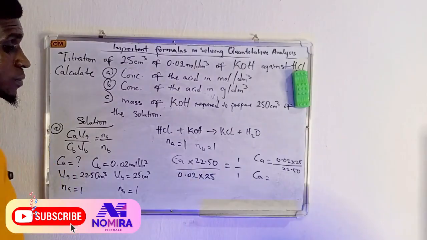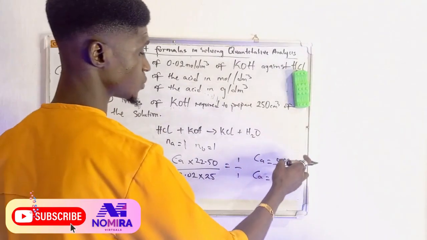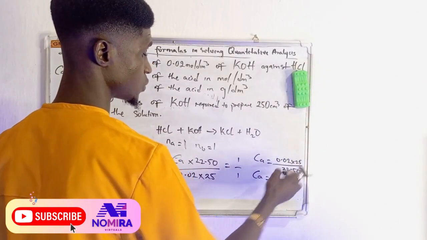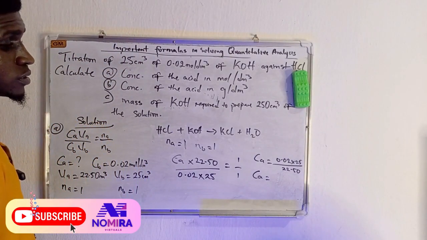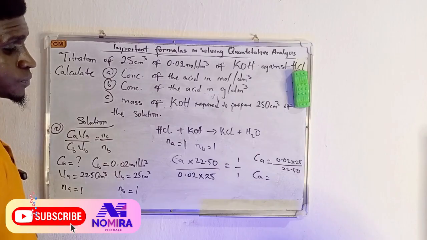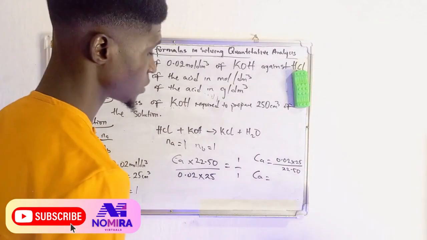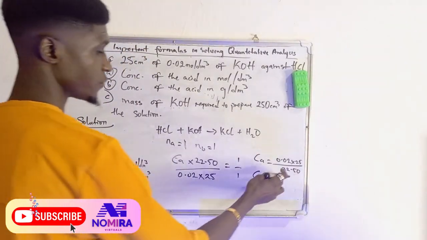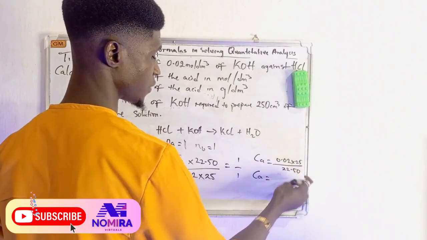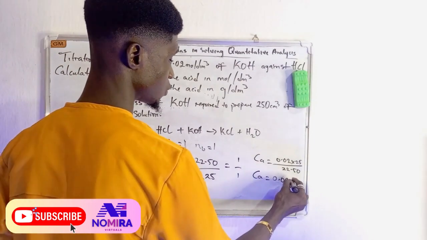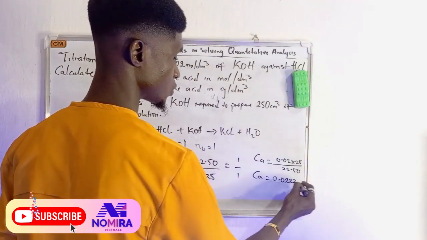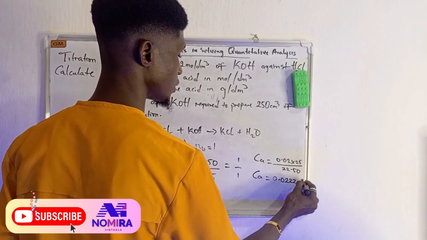When you multiply 0.02 by 25, it should give you 0.5. Then 0.5 over 22.50 should give you 0.02222222, a recurring decimal.